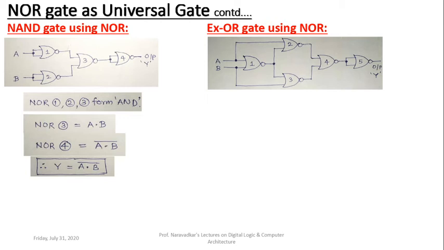And this gate number 5 will give the final output, that is output Y. In such critical designs of the XOR gate, using 5 NOR gates in a cascade, we have to properly apply De Morgan's laws and the other Boolean laws. So let us start here.